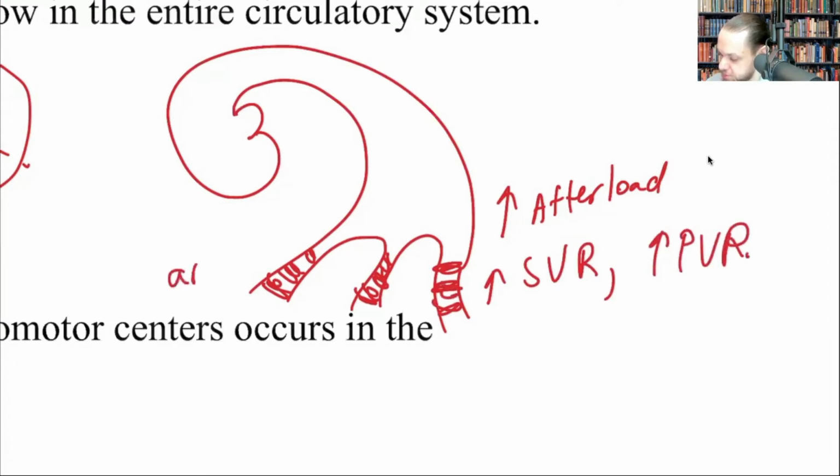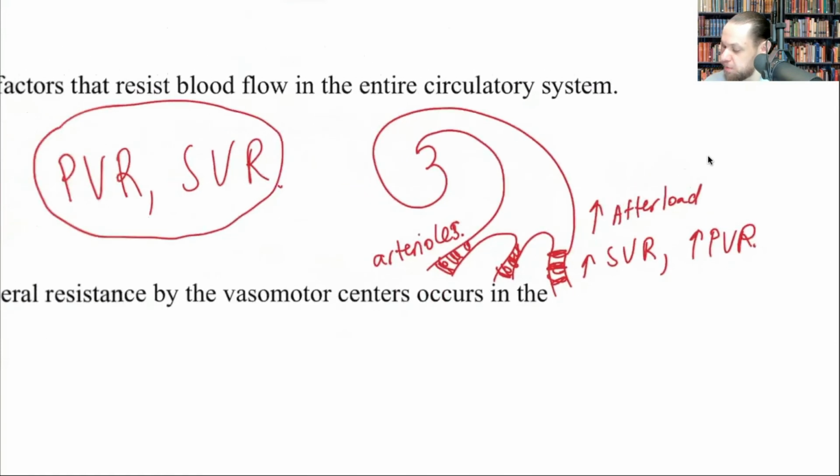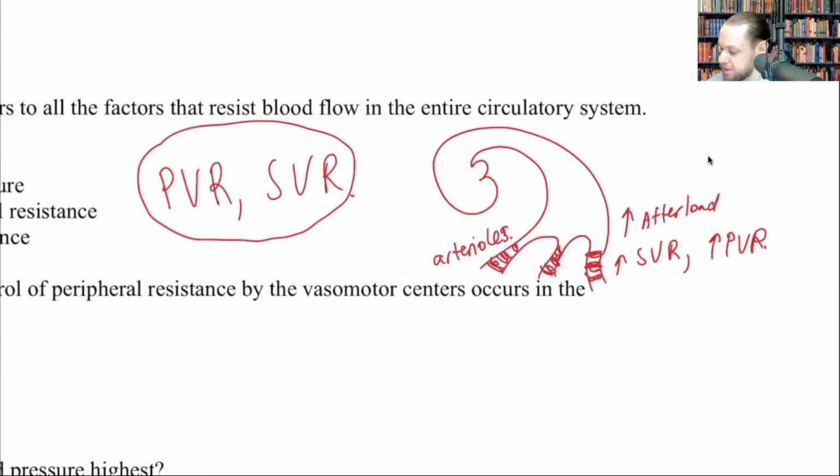These arterioles are what actually contract. The lumen of the aorta is not so narrow that its contraction would cause profound vasoconstriction. It's the arterioles on the periphery.